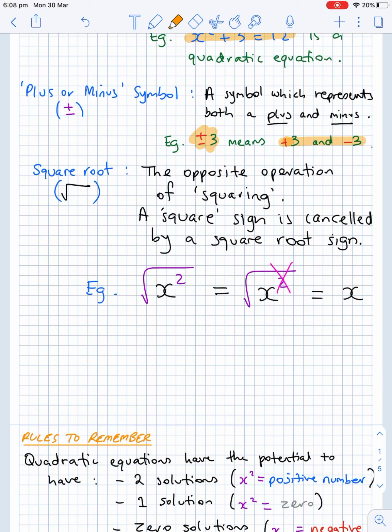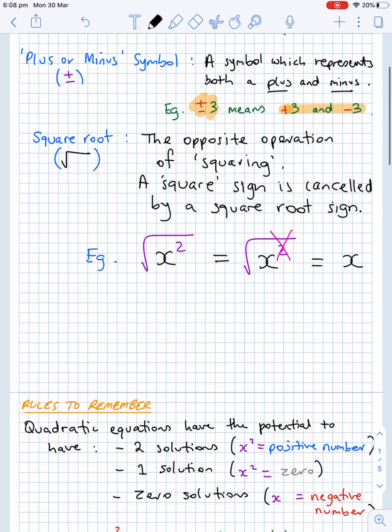Okay, so a square sign is cancelled by a square root sign. So these things pretty much cancel each other out. You can see here I'm crossing out the 2 and I'm also crossing out this square root sign. That's the idea. And when we cross the 2 and the square root sign out, it leaves us with just our x, which wasn't crossed out.